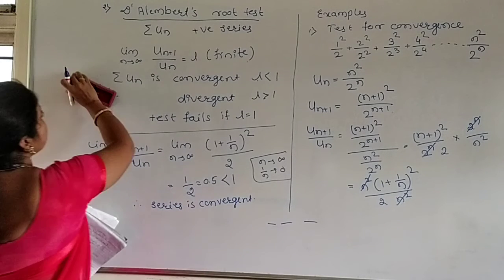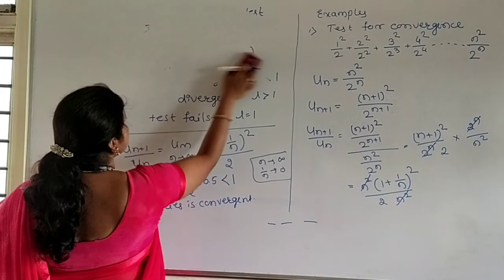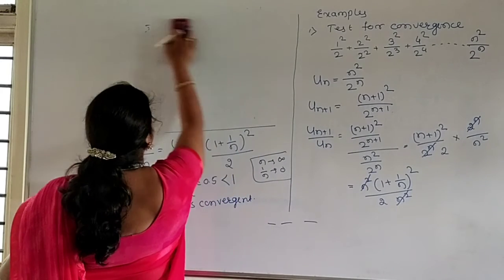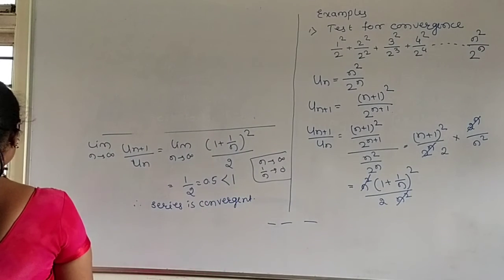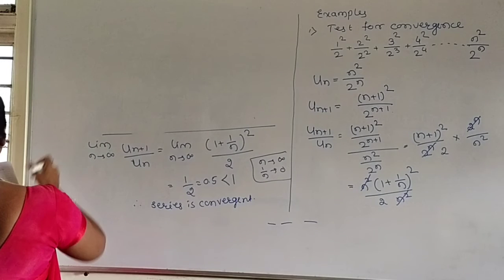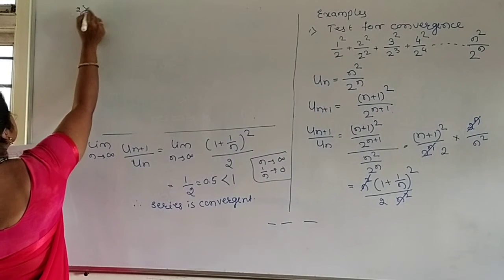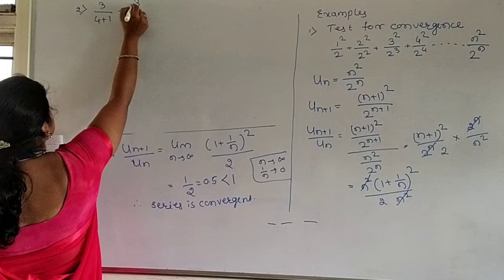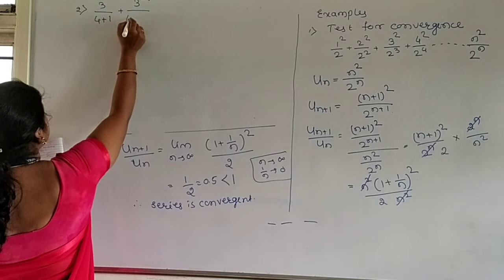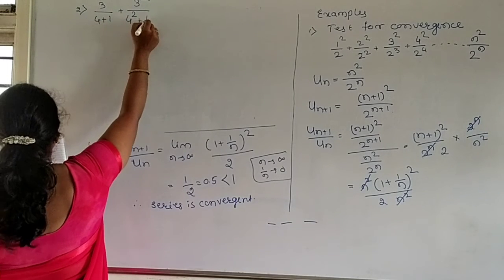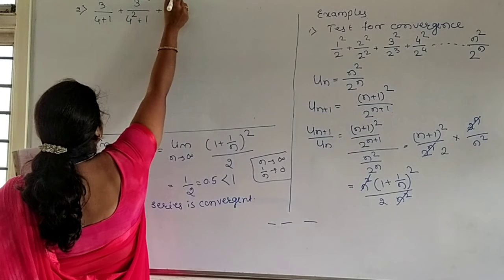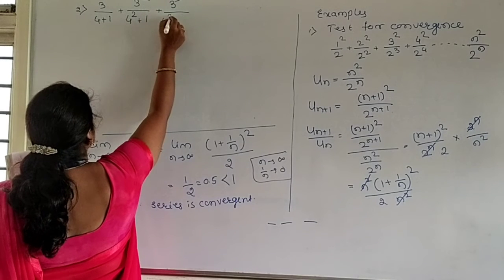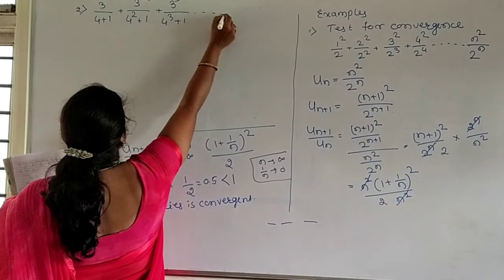The second example we have to take from this is: 3 divided by 4 plus 1 plus 3 square divided by 4 square plus 1 plus 3 cube divided by 4 cube plus 1, and so on.